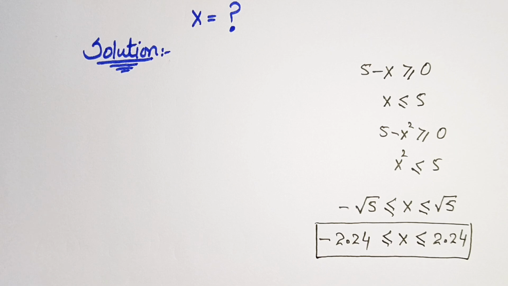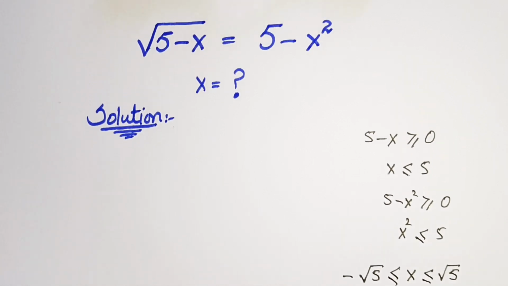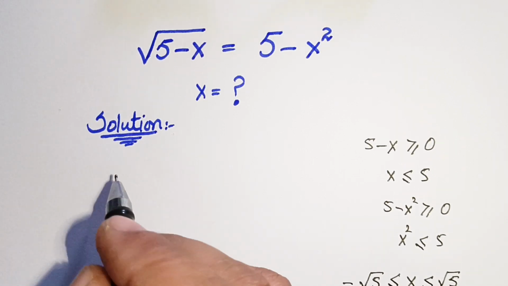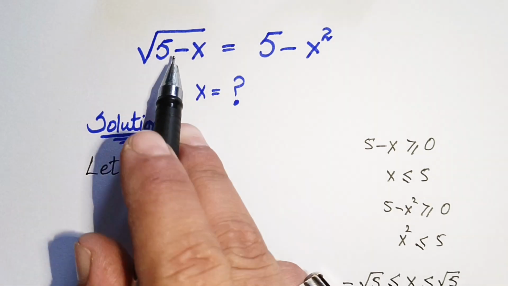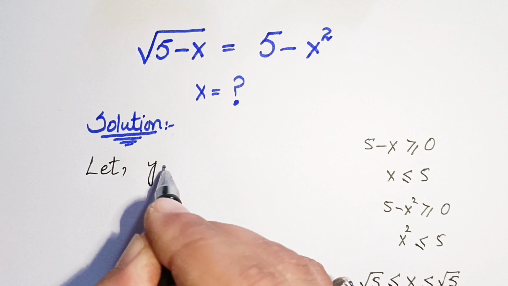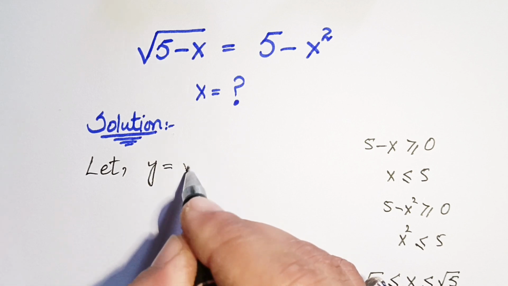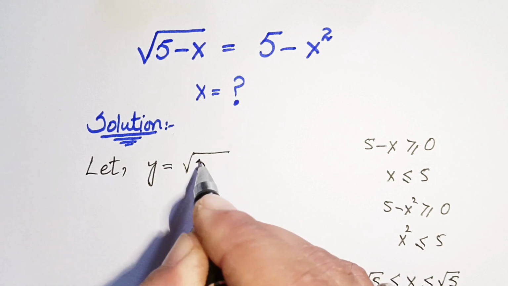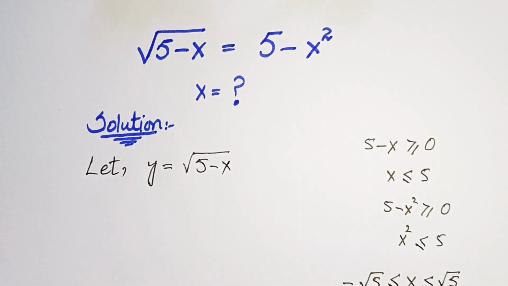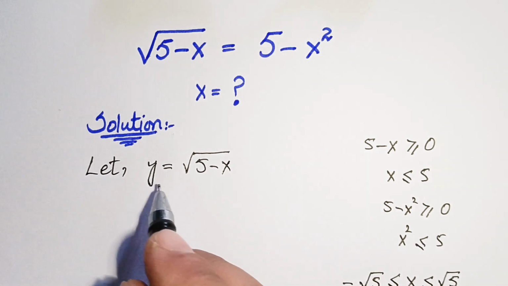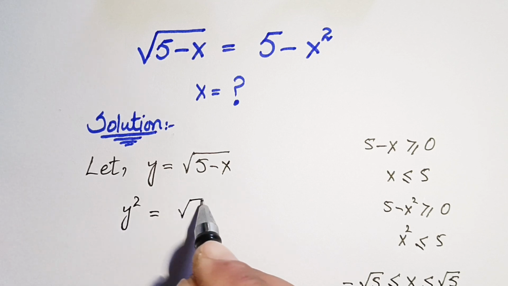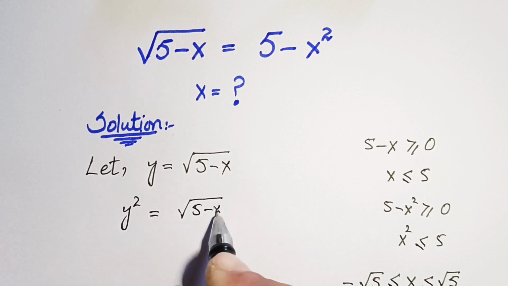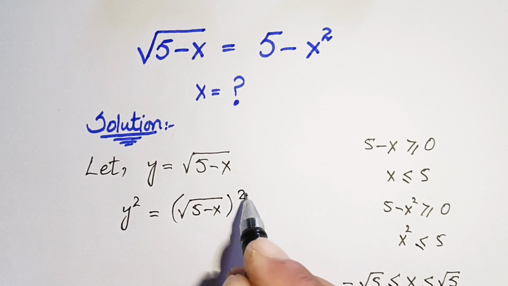So now we are going to solve our problem here. Let's suppose that this square root of 5 minus x is equal to y. So y is equal to square root of 5 minus x. Then if we take the square on both sides, y squared is equal to square root of 5 minus x whole squared.